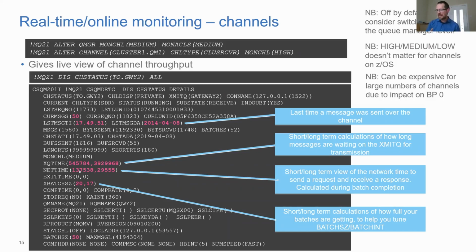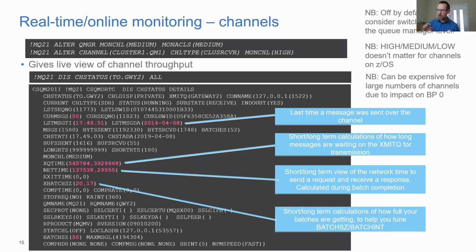Net time is the amount of time it takes at the network layer to complete a batch confirmation. When you're sending messages over sender receiver channels, they get sent in batches, and at the end of the batch, MQ makes sure that the messages have been received on the receiving side, and it sends this batch completion flow.